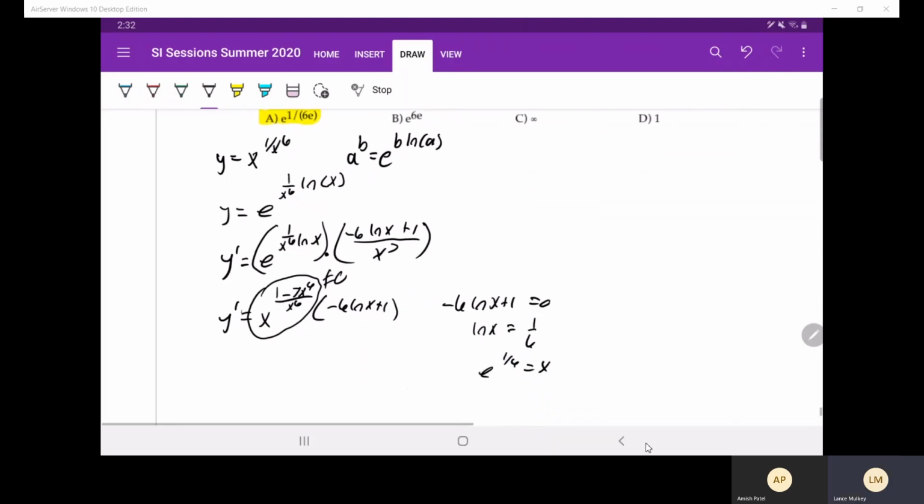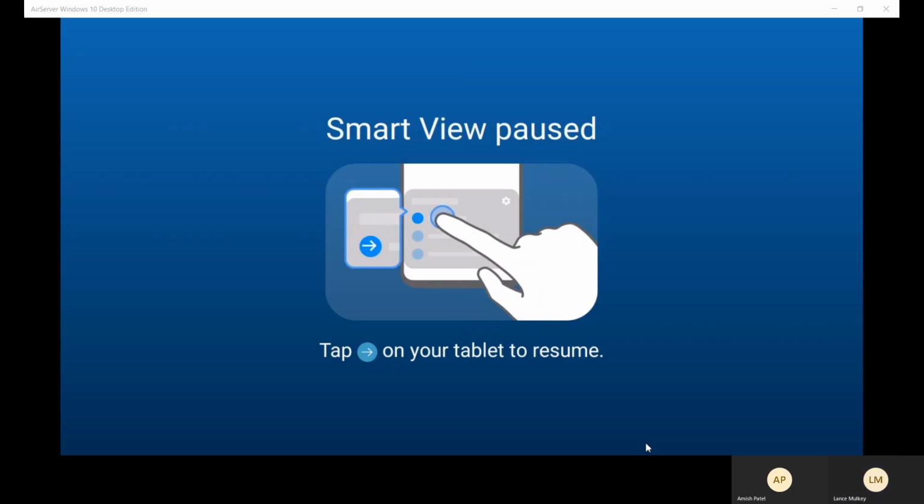If you plug in 1, natural log of x equals 0. X equals 1.